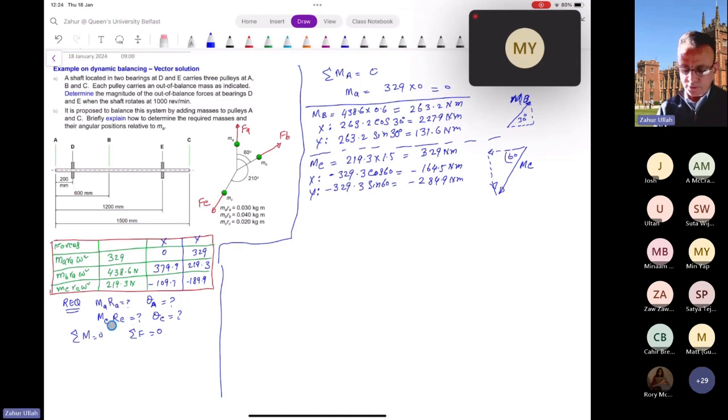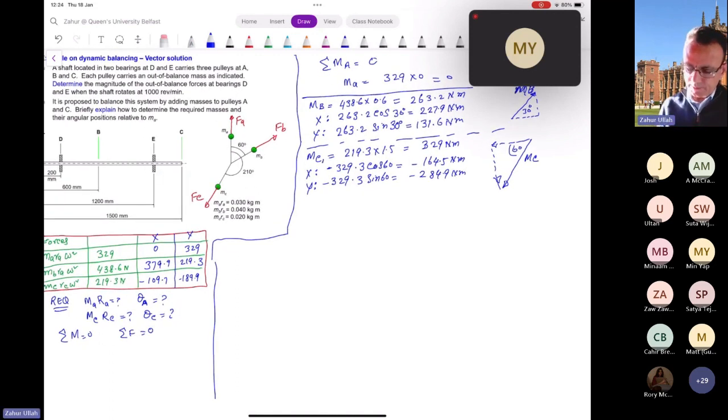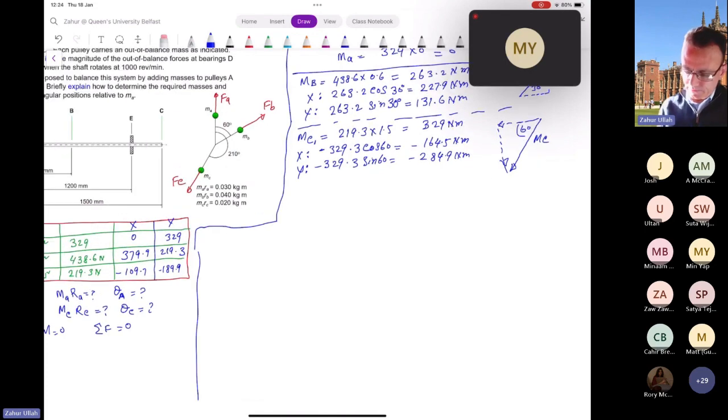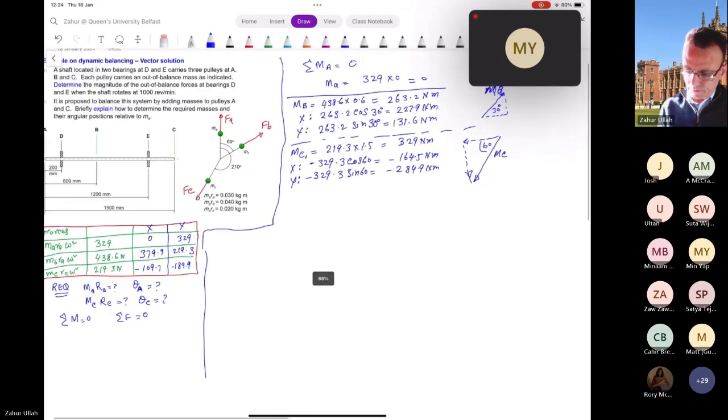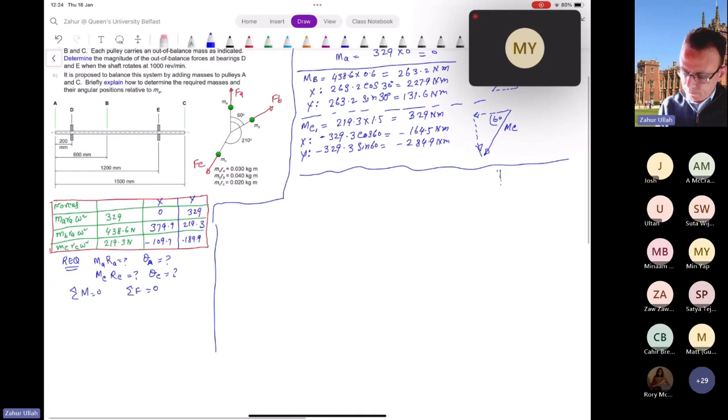Because we need to balance the system by adding this additional mass, obviously we have to include this in our calculation. So you can call this, for example, MC1. Now because we don't know the direction and magnitude of the mass that we will add, we will assume that it is in the first quadrant, something like this.